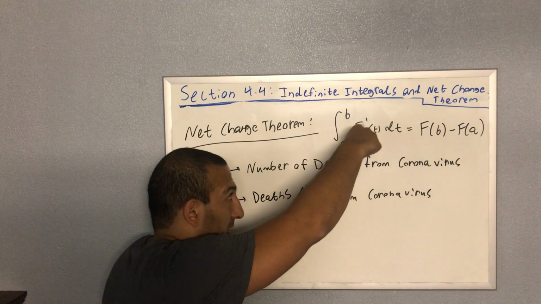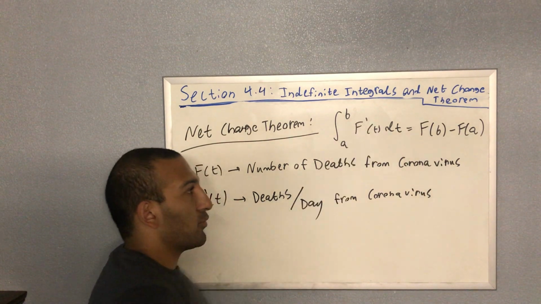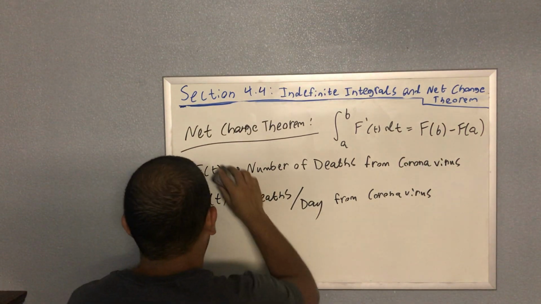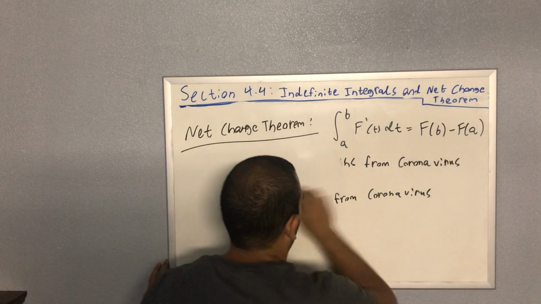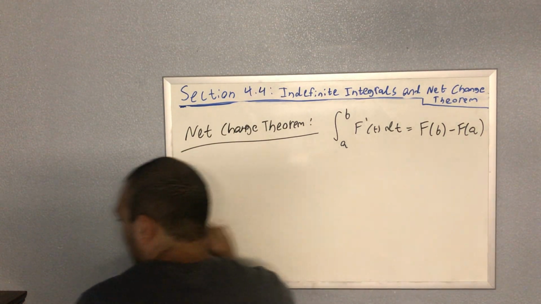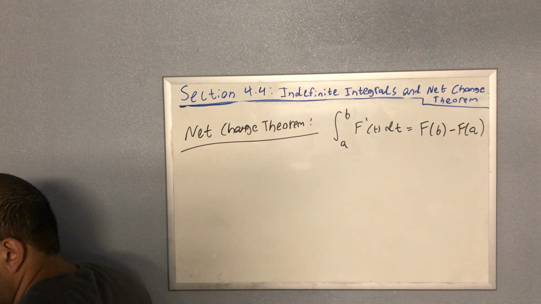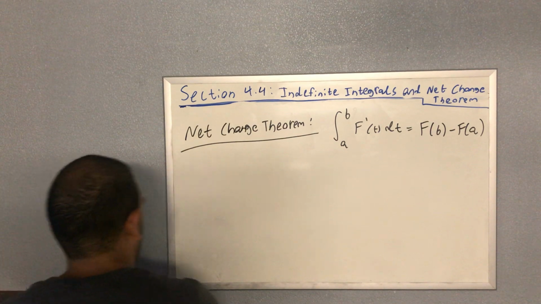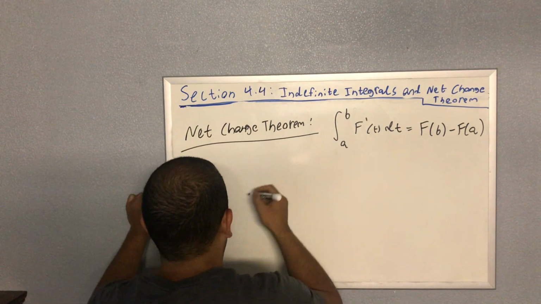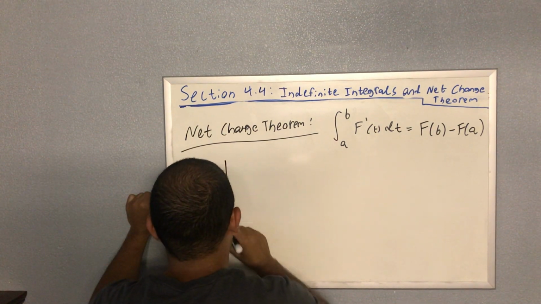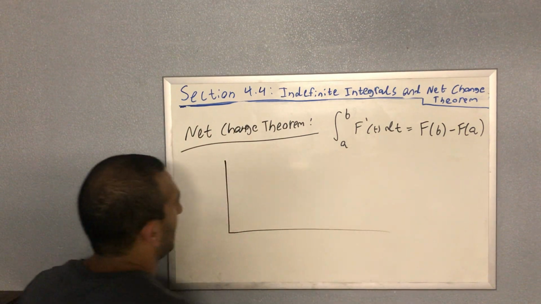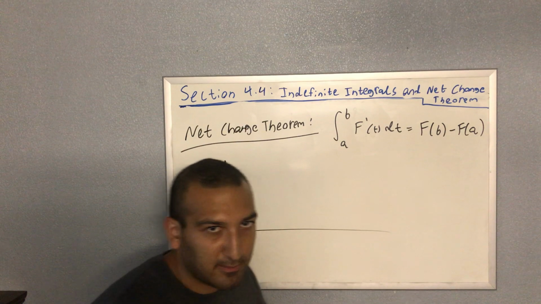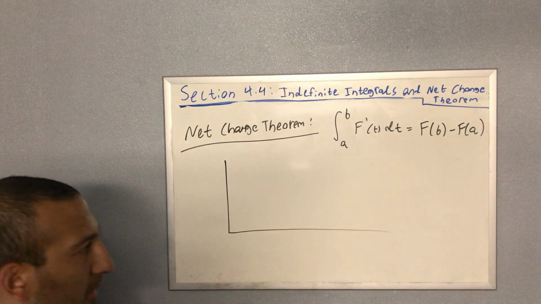So we're taking the area under the curve of f prime here. Okay. And again, because of physical context, we want to consider just positive things, right? You can't have negative days.